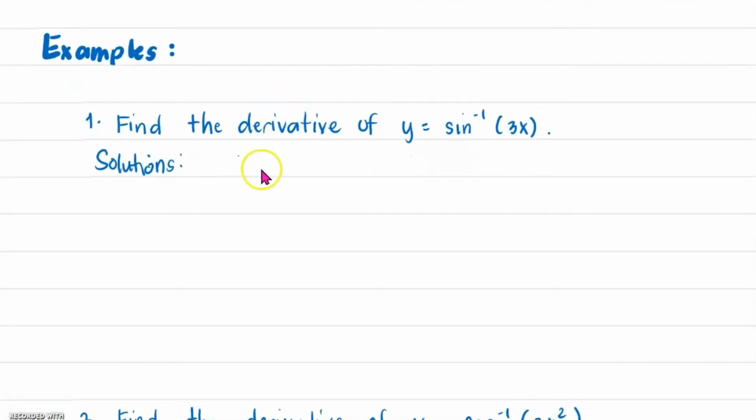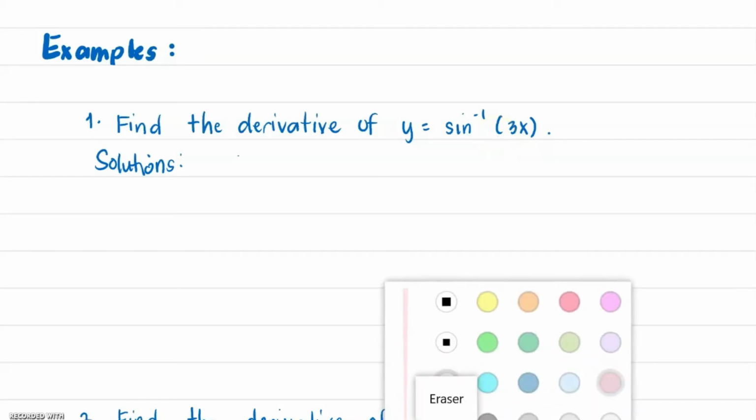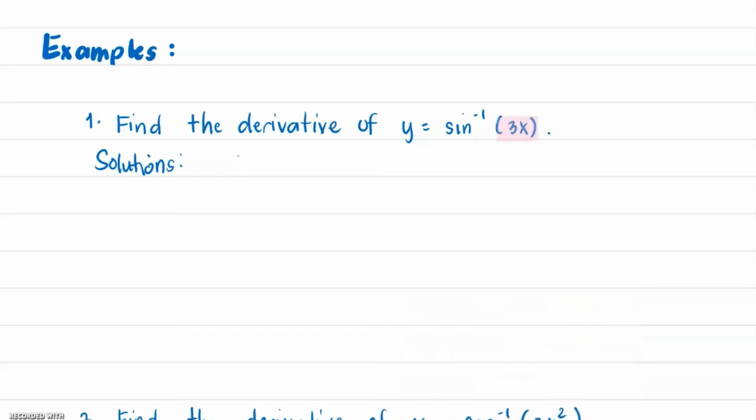Okay, we have here, find the derivative of y equals arc sine 3x. So first thing is we have to identify our u, which is the function inside or within our inverse function, and that is 3x.